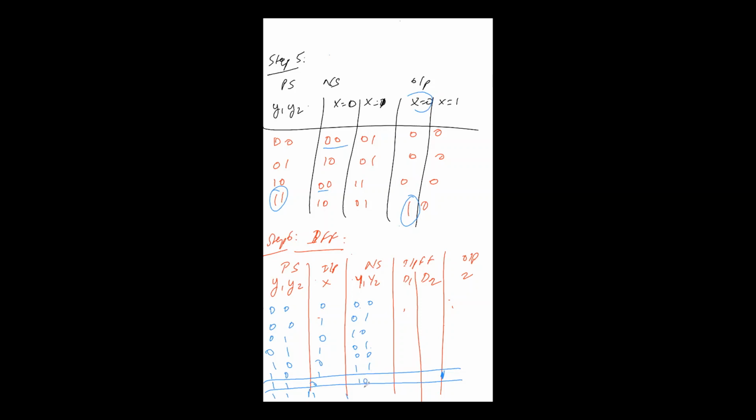One, 0, 0, 1. Since you are using D flip-flop, you can fill directly by looking at these values: 0, 0, 0, 1, 0, 0, 1, 0, 0, 1, 1, 1, 0, 0, 1.